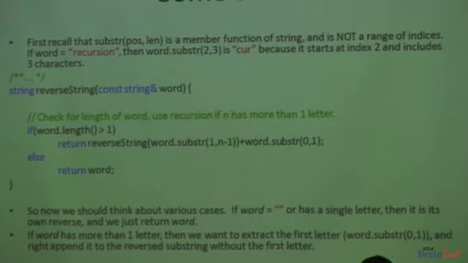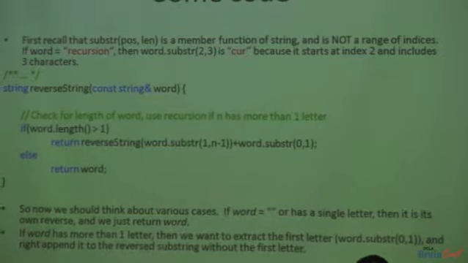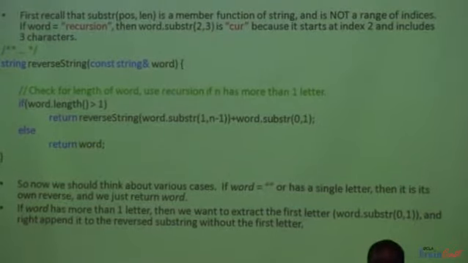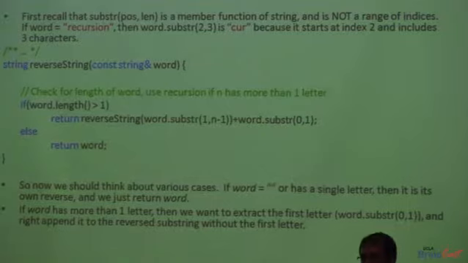Okay? This is very important because this is a common misconception on exams that usually gets points taken away. So again, starting index and the number of characters in total, including that starting index, you want to include in your substring.